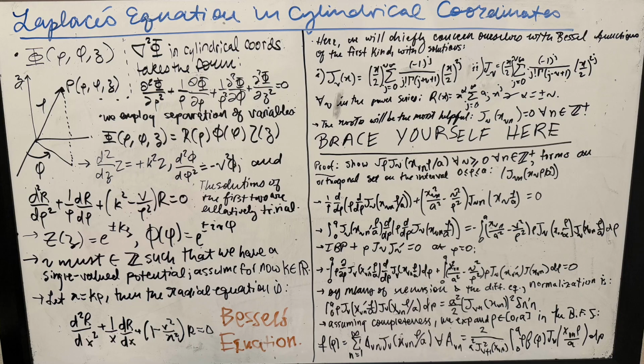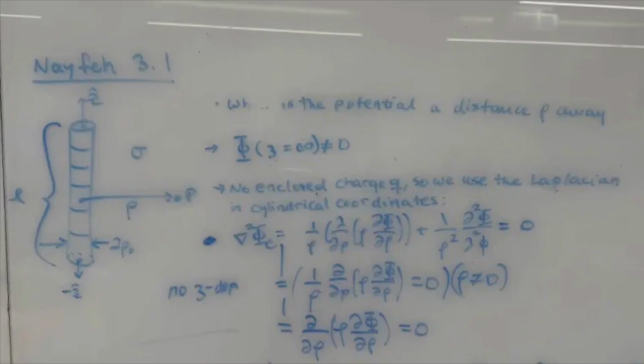But with that in mind, we can solve with Bessel functions, and we can solve for our coefficients, and at this point we just need to know what our potential is, f of rho, in order to continue solving this kind of problem. Here I've chosen a pretty simple example that doesn't have to deal with the Bessel functions.